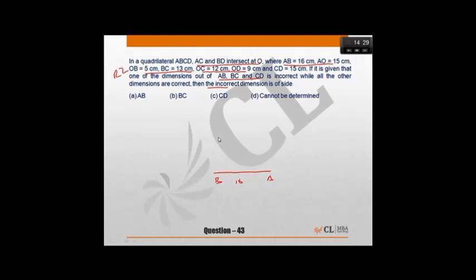Okay, let me make a figure. The quadrilateral ABCD, AC and BD intersect at O, where AB is 16, AO is 15, OB is 5, BC is 13, OC is 12, OD is 9, CD is 15.